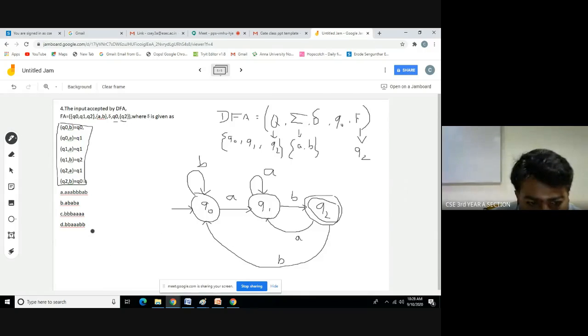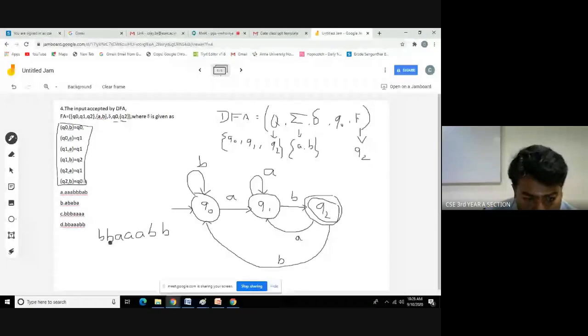What is my input string? B, B, A, A, A, B, B. This is my string now, so you just check it. The first input symbol is B. What is the starting state? Q0.